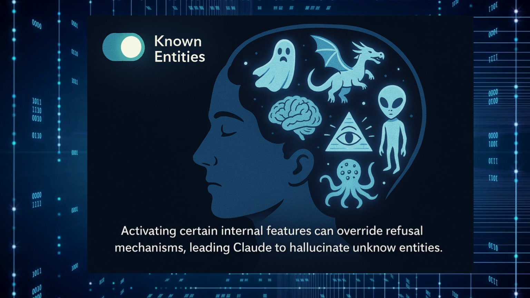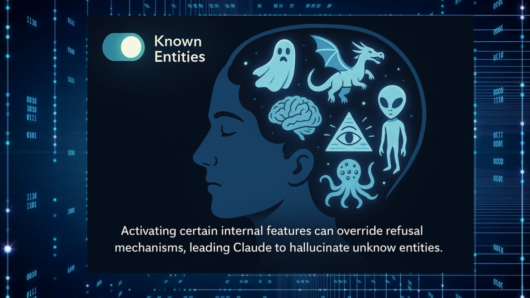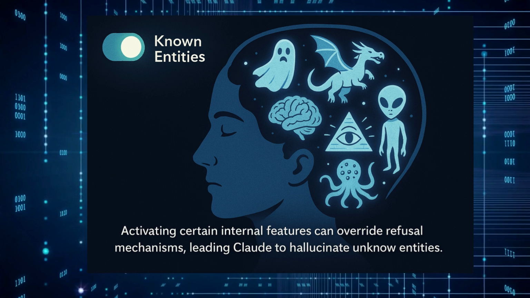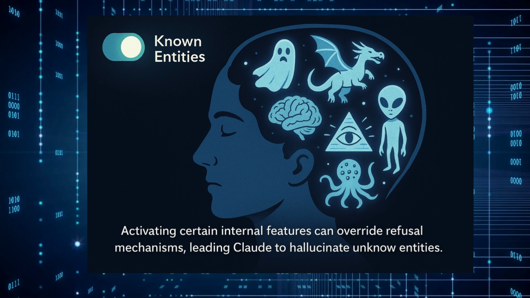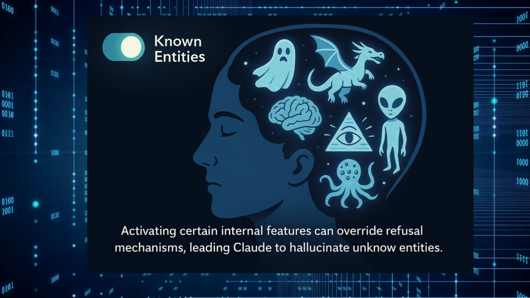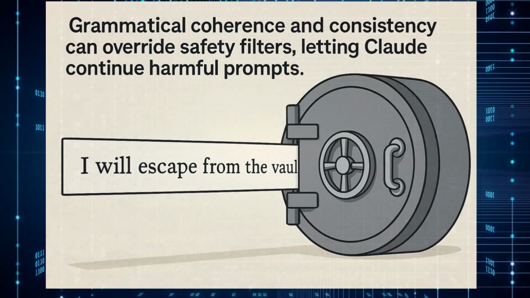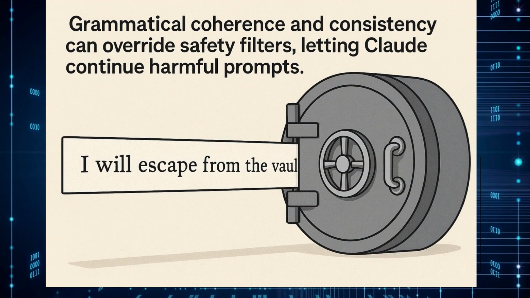So they could make Claude hallucinate by basically tricking it into thinking that it knew something that it didn't. And so that tells us that these hallucinations are not just random, they're actually linked to these specific internal states. It's not just spitting out random garbage. It's like there's something going on in its brain that's causing it to do this.